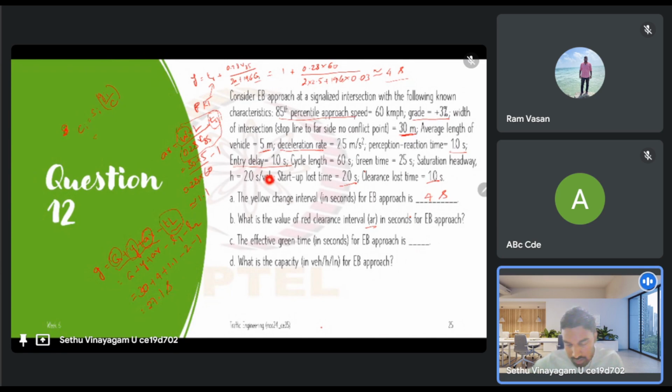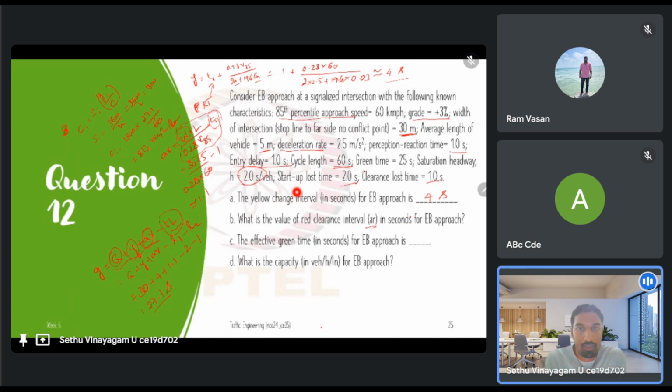Saturation flow rate is 3600 by the saturation headway, which is given as 2 seconds per vehicle, so 3600 by 2 is 1800 vehicles per hour. Your capacity will be the saturation flow rate into the effective green ratio. The effective green we calculated as 27.1, divided by the cycle length, which is given as 60 seconds, and this will be 813 vehicles per hour.